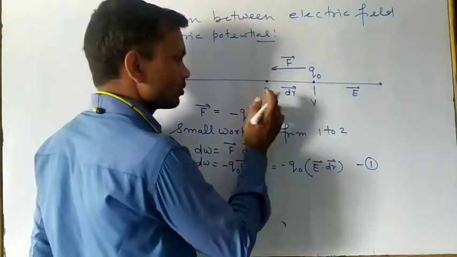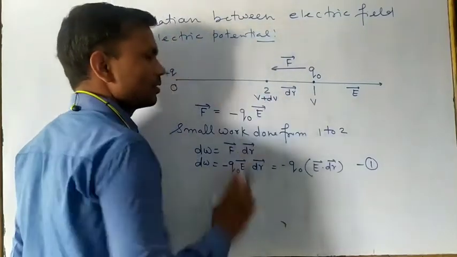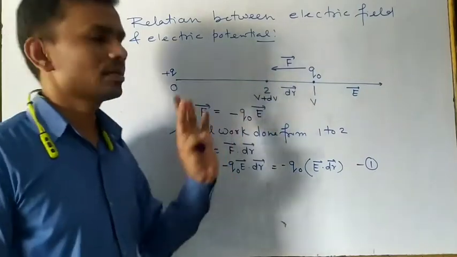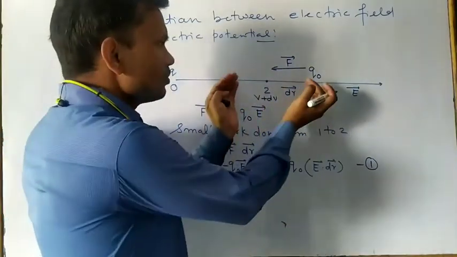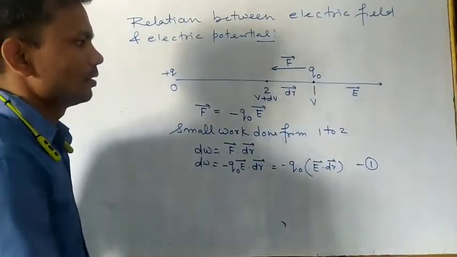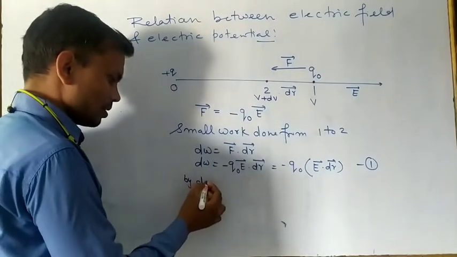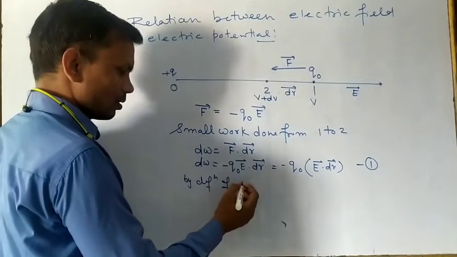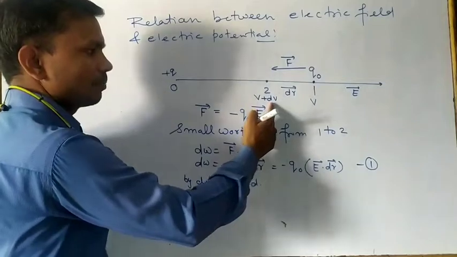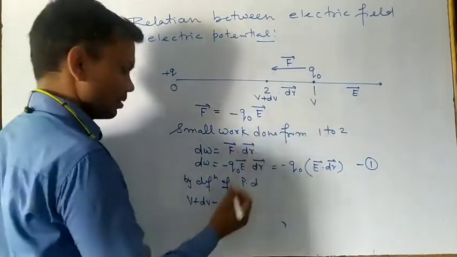Suppose at point 2 the potential is increased by a little amount dV, so it is V plus dV. This is the electrostatic potential at point 2. Now we use the definition of electrostatic potential difference. So the potential at point 2 is V plus dV, and here the potential is V.